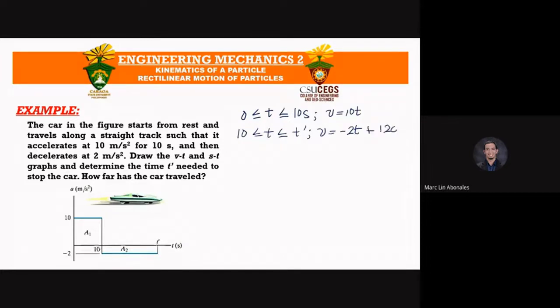This t prime is needed for our graph, so we need to find it. What is the hint to find the time needed to stop the car, or the value of t prime?